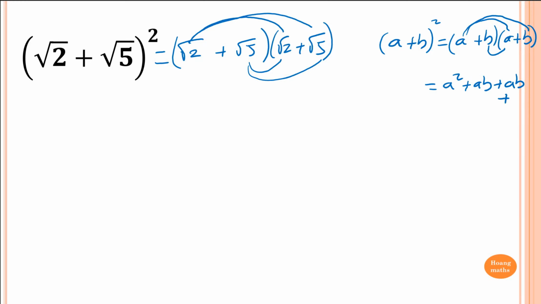And then add b times b, which is b squared. To simplify this, ab plus ab is 2ab. So a squared plus 2ab plus b squared. That's all. This is the rule we're going to use to expand this, so it's fast and easy.